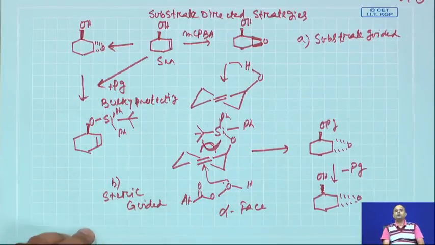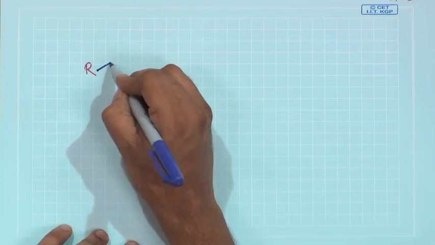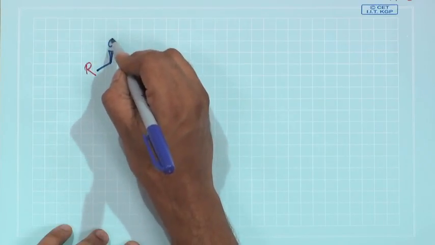These two parameters are very important: in one case you have a hydrogen bonding interaction which directs the incoming electrophile, and in another case you have a sterically directed approach. Next, we will try to focus on a similar kind of problem which is also very interesting.